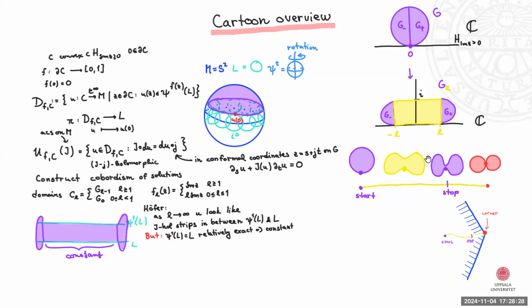But he never got to the end of this moduli space. So we are going to insert longer and longer strips, and our disks are going to be squashed more and more, but they will never look like the red configuration here.